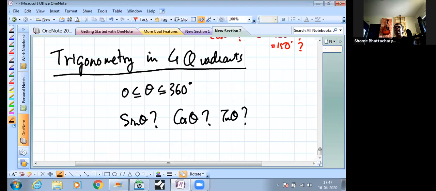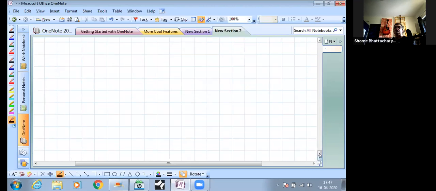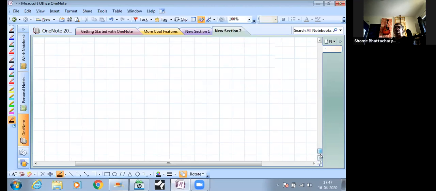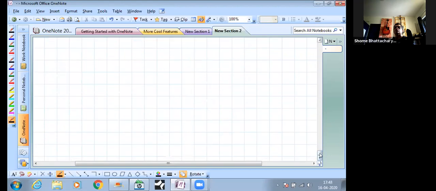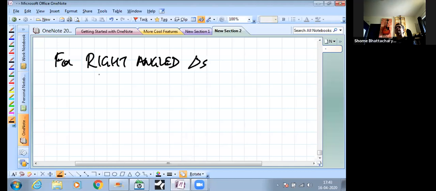So you'll understand that this subject actually goes beyond what we have learned in trigonometry till date. Okay. Till date, what we have learned in trigonometry is about right angle triangles. So our understanding of trigonometry is based on, for right angle triangles, we've understood that sine theta, cos theta, and tan theta come on the basis of these things.